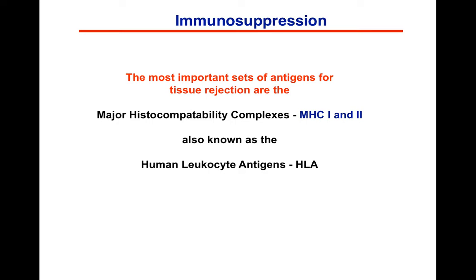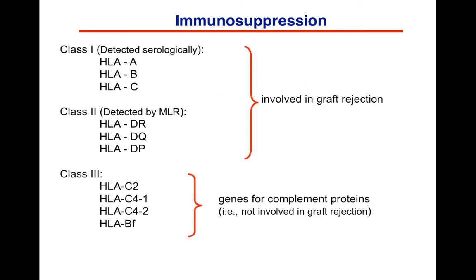That's the same thing as MHC1 and MHC2. So whenever you see that, that's what it is, and there are different categories of HLA, and that's what we're going to look at as we go on here. Now, the different categories of HLA are grouped into class 1, class 2, and class 3.